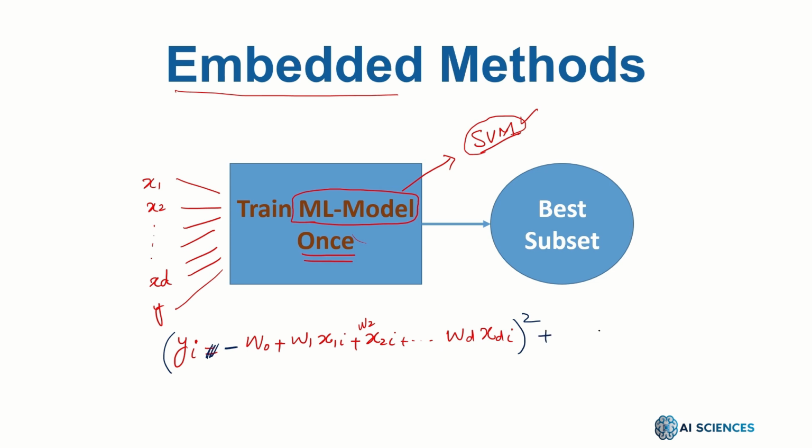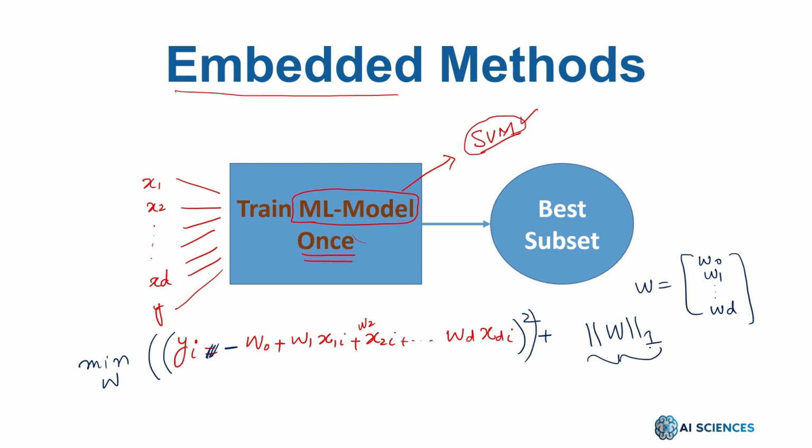But then to avoid overfitting, you apply L1 regularization, which is the sum of the absolute values. Here, W is a vector of W0, W1, dot dot, WD. Your goal is to find the W that minimizes this data term and this regularization term. Obviously, there is a lambda parameter called the regularization parameter, but I'm not going into that detail.